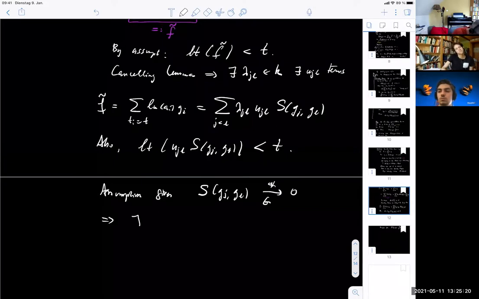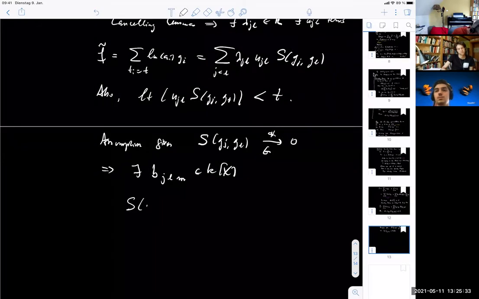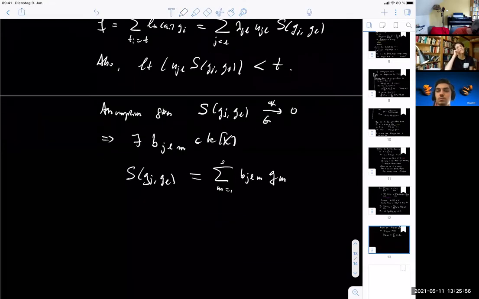It means there are some coefficient polynomials B, J, L, M, such that the S polynomial can be written as a linear combination over M, B J L M times G M, M goes from 1 to s. Now this I plug in here, to arrive at the desired contradiction.